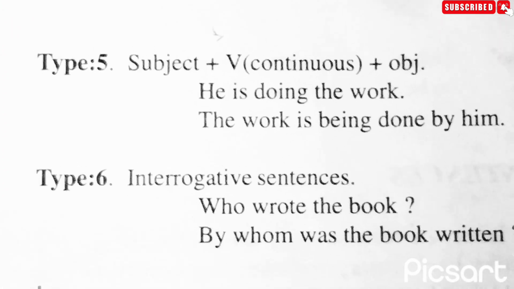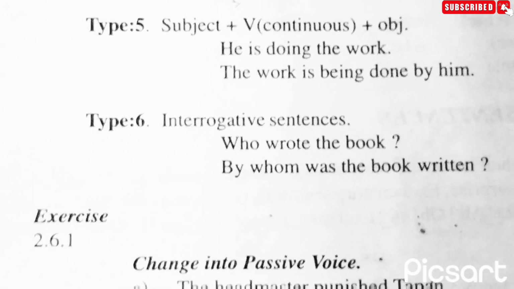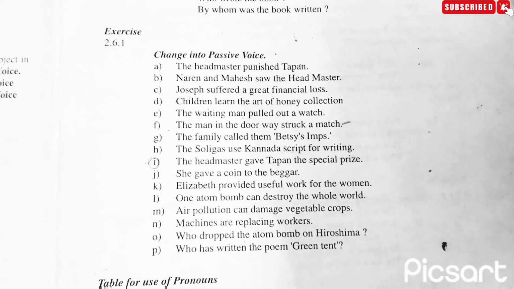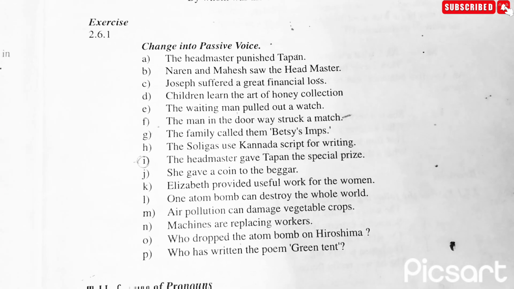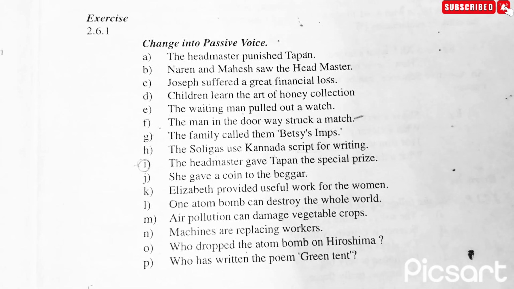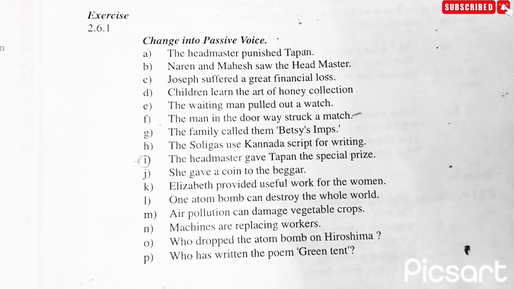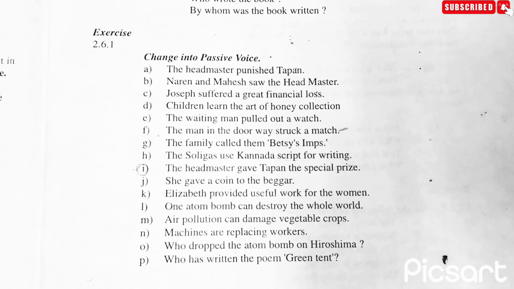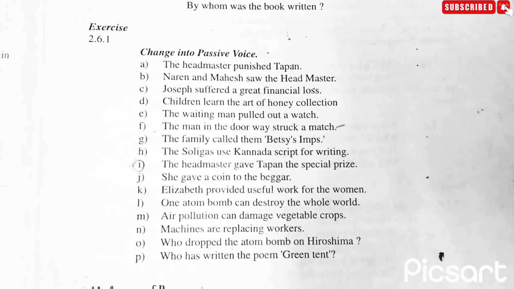So you must have understood clearly, and you must also study the table of active voice forms and passive voice forms, and we also give some more examples for your work. You must see: The headmaster punished Tapan.